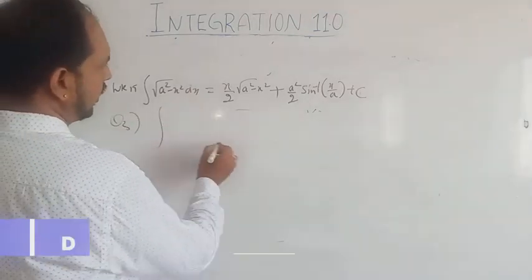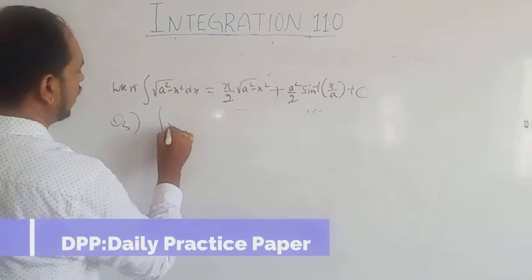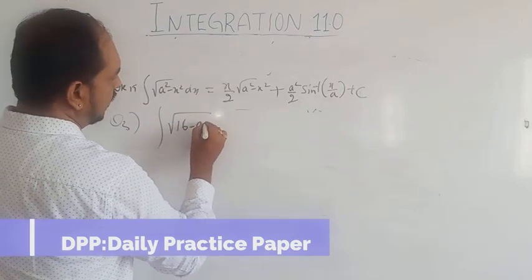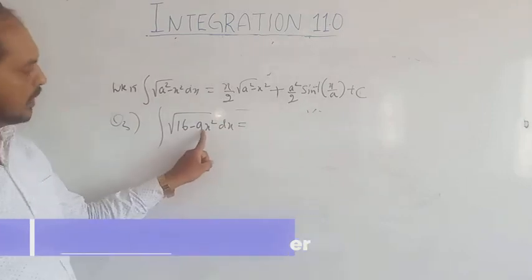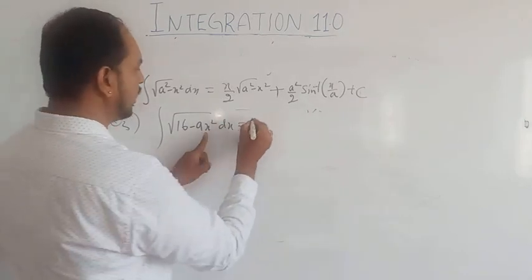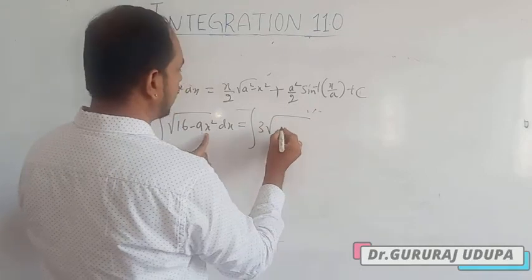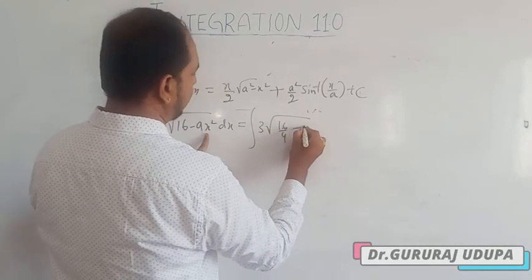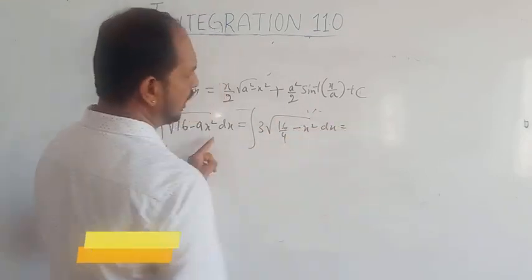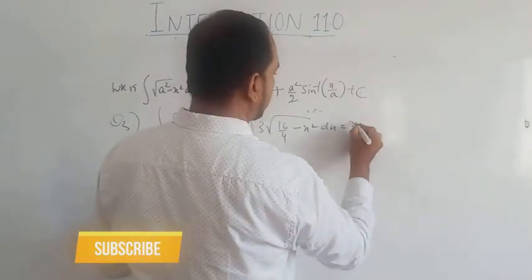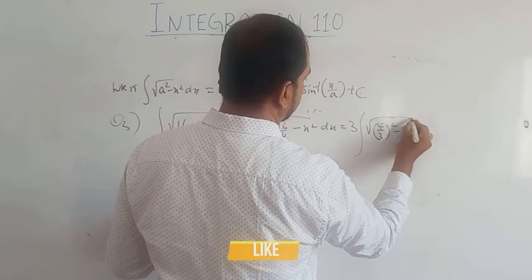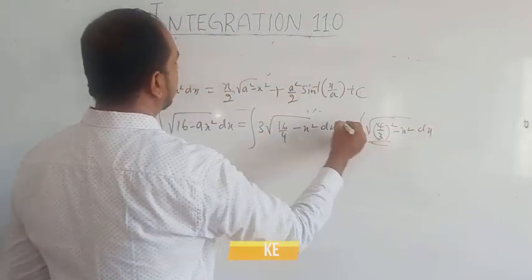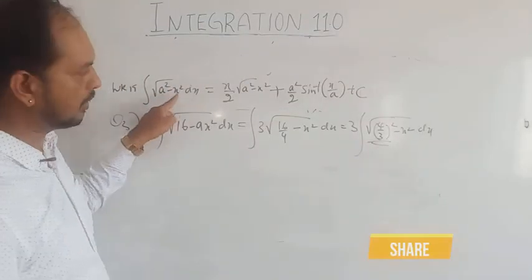Question number 3, integration of root of 16 minus 9x square dx. Again, the coefficient of x square is 9, take 9 outside. So this is 3 root of 16 by 9 minus x square dx. This again you can write as 3 into integration of root of 4 by 3 whole square minus x square dx. Now it resembles this form.